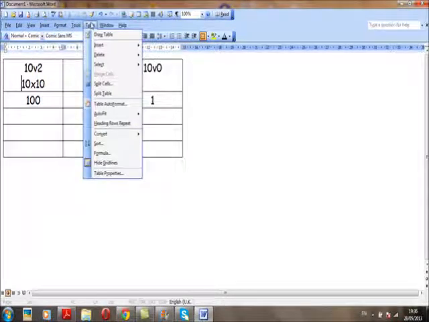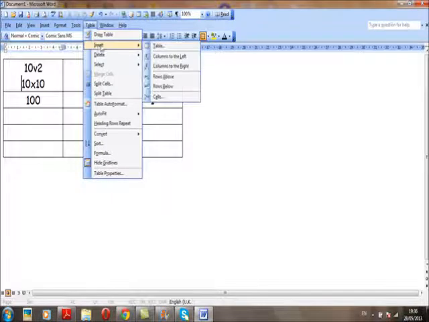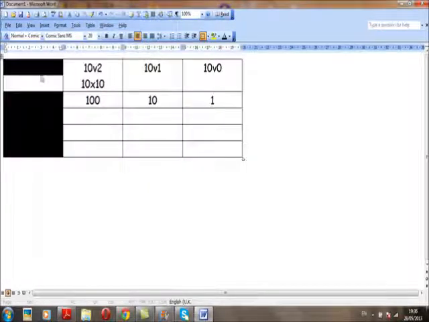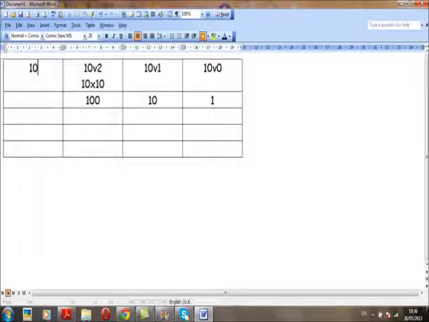Table, insert, columns to the left. Stick another column in here, and then we're just going to go one further. So we've got 10 to the power of 3, which is 1,000, yeah? It's 10 times 10 times 10, and that's 1,000. So that's your numbering system.